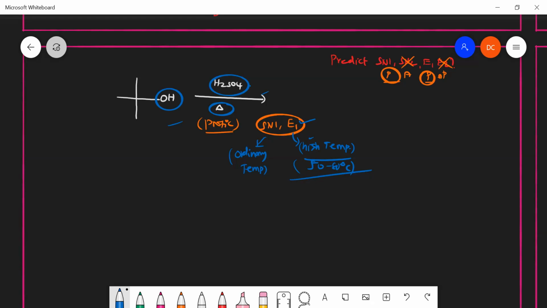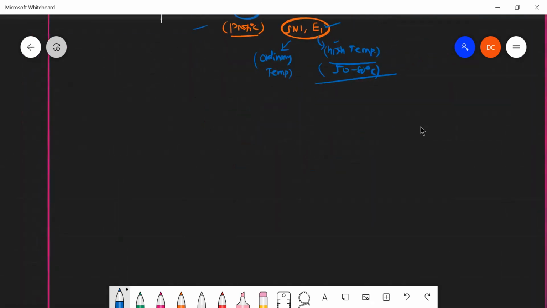Okay, and here, if I'm taking chlorobenzene, I just want to convert this into ortho-chloronitrobenzene. What kind of reagent do I have to use? What kind of reagent?